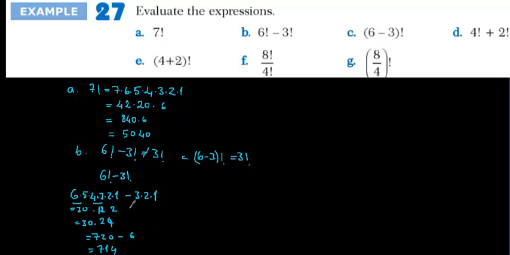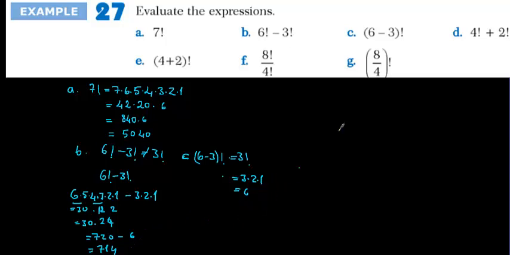As you see, it is extremely different from 3 factorial, because this is the C1, and (6 minus 3) factorial is equal to 3 factorial, which is equal to 3 times 2 times 1, which is equal to 6.